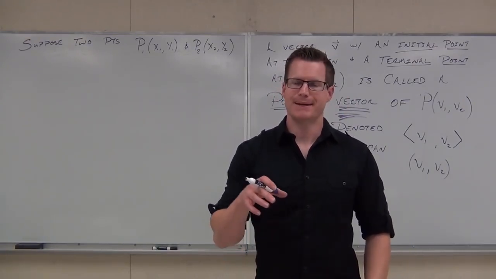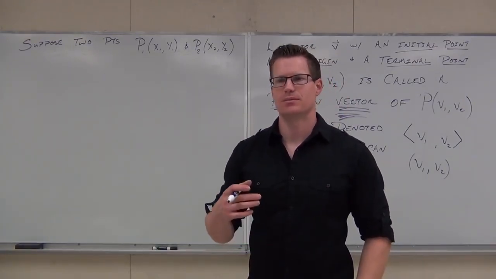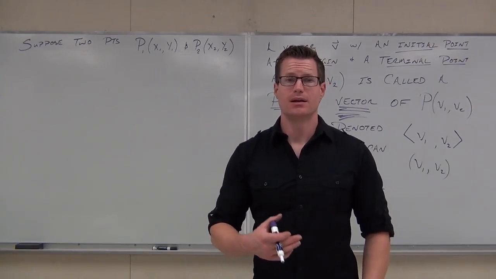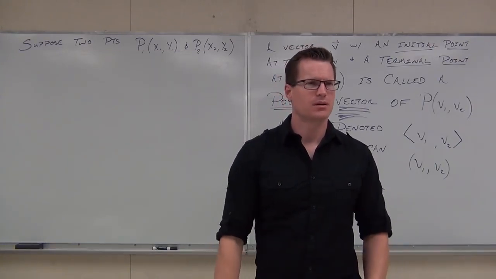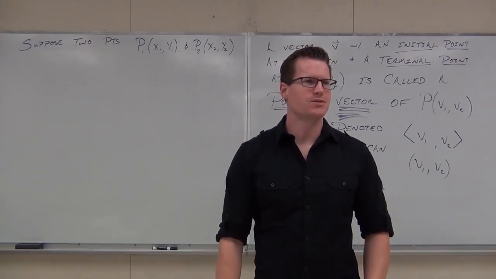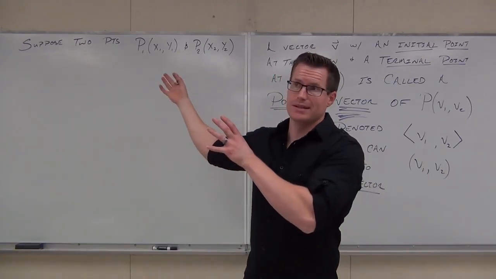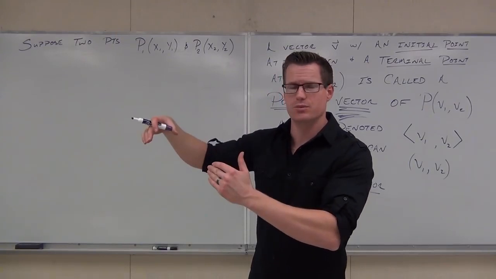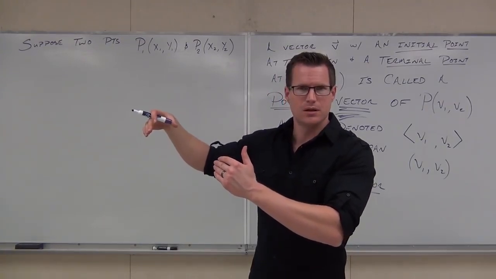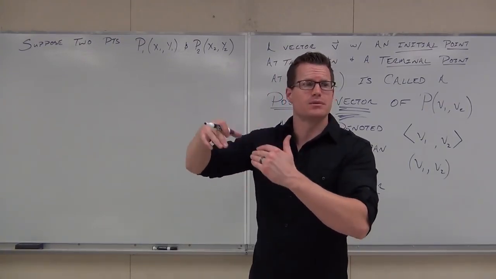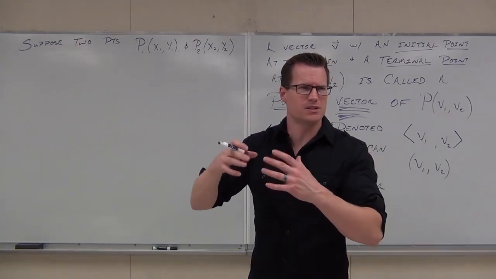The way we do it, it automatically gives us a position vector. Automatically. It's really easy. How? What do you think? What would you do? How would you take these 2 points and translate it to something that starts at the origin? What's the point for the origin? And still have the same length, the same direction, the same everything.